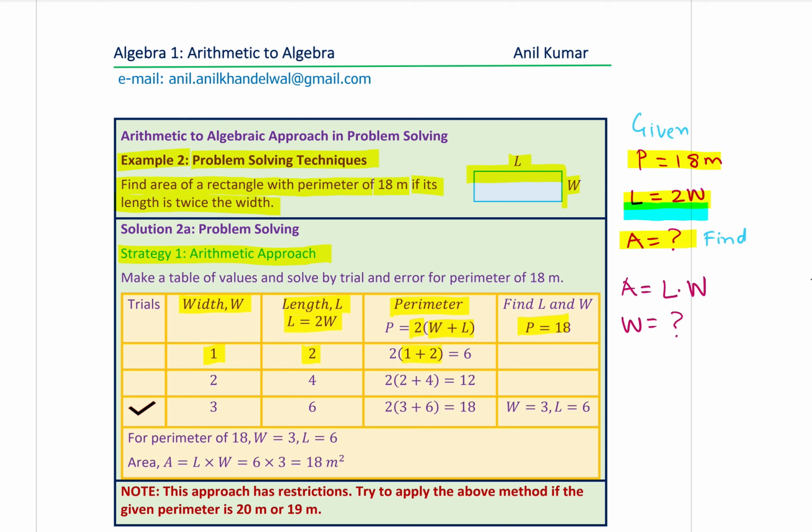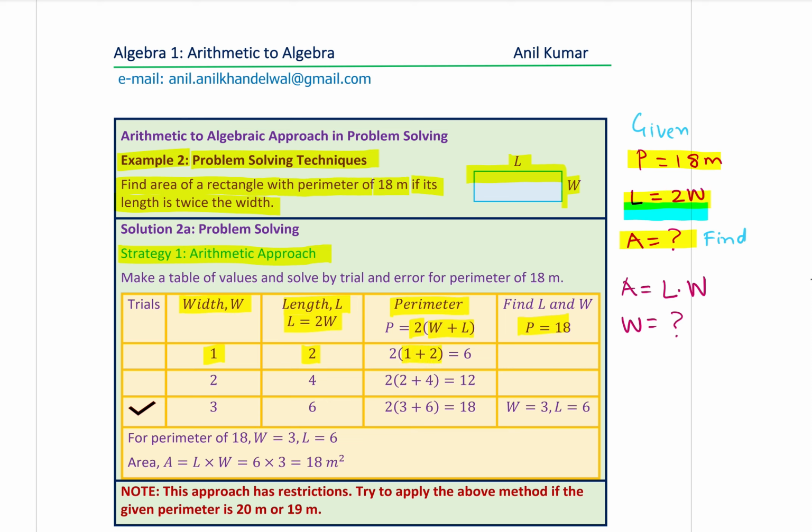Then we'll try the width of 3. Double it up to 6. 6 plus 3 is 9. And twice it is 18. And that's what we want. We now know what could be the possible dimension for this particular rectangle.